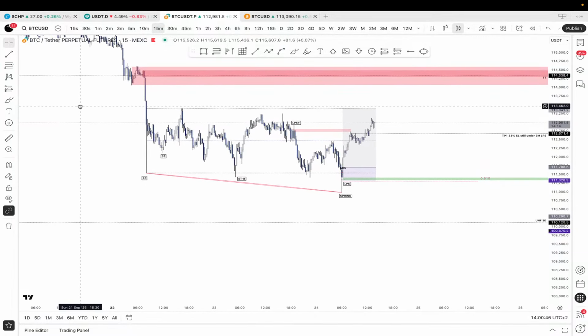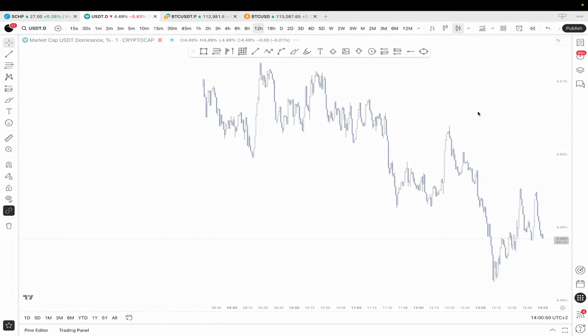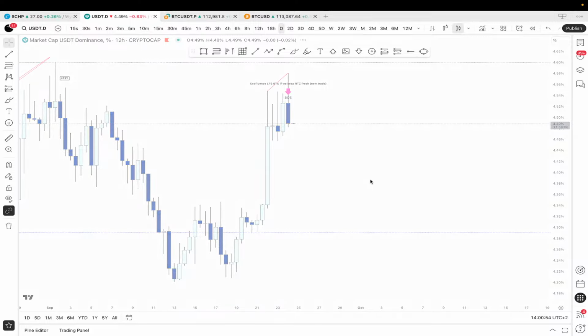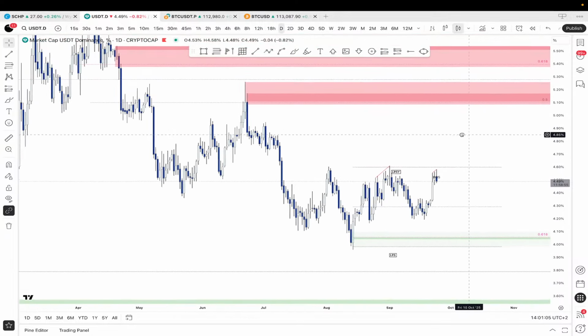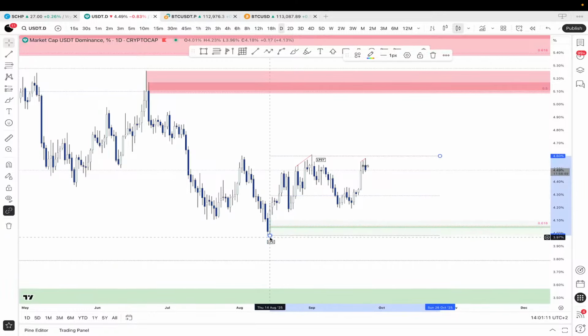So this is clear. Nothing to do on Bitcoin. USDT dominance is also clear. We need nothing to do on USDT dominance. Higher time frame USDT dominance is also clear. As I said, we have a new range going on right here, where this is your initial range low, initial range high.